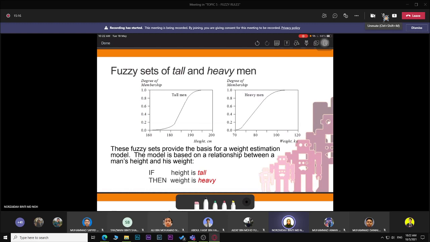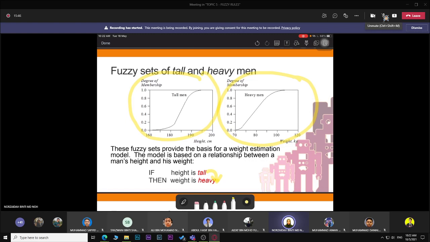The first one is for height, and the second one is for weight. In height, say the fuzzy rule says height is tall, then weight is heavy. So we want to identify how much is the degree of membership that somebody's height is tall, and therefore the same degree of membership will apply to the then part. So we will get the same degree of membership.